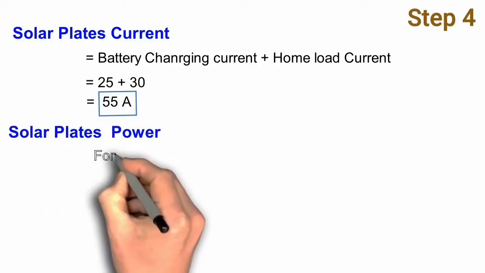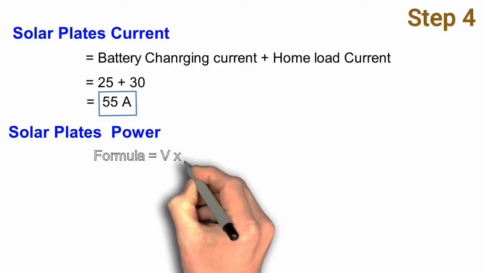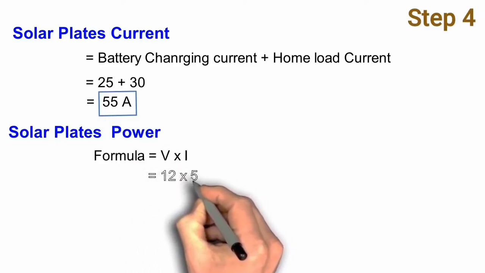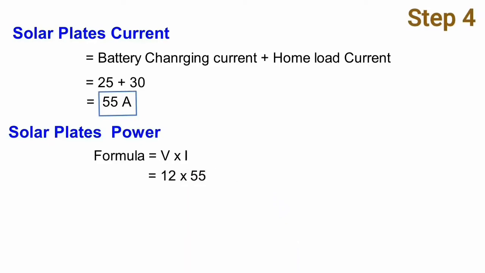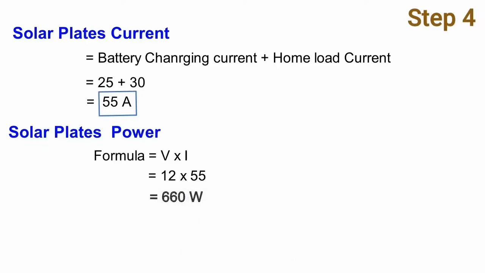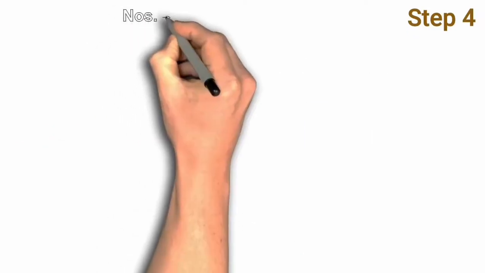That way we can determine the power of the solar panel using the relationship of power with current and voltage. Since we know the voltage of the battery is 12 and the current is 55 ampere, that gives us 660 watt as the power for the solar panel.